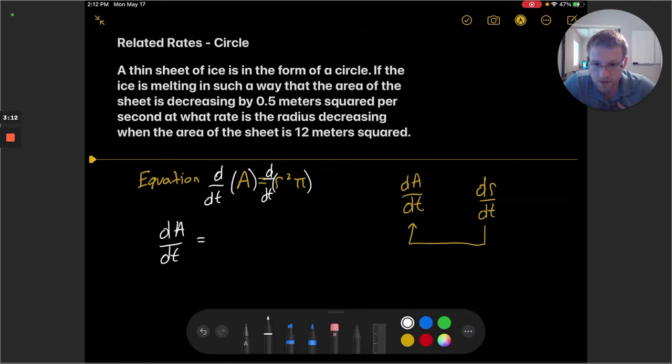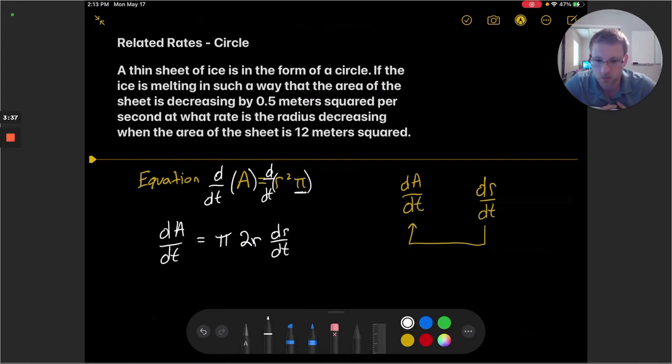On the right side, we have a constant, that's pi, that will remain as just a constant pi. And if I take the derivative with respect to time of an r variable, r squared, we'll first get the outer derivative, that's 2r, times the derivative of r itself, the inner function, which is dr/dt.